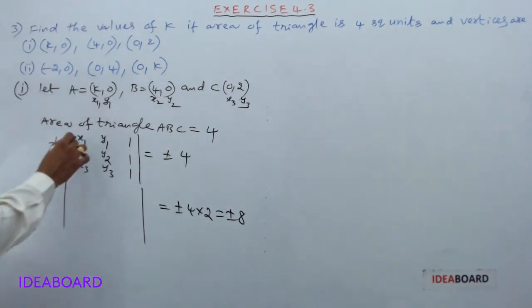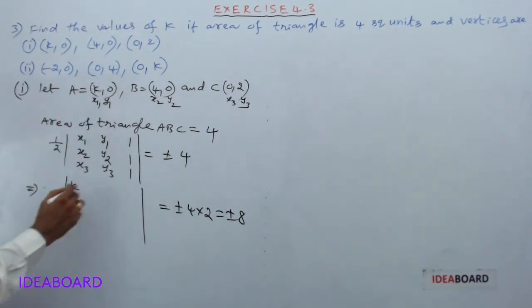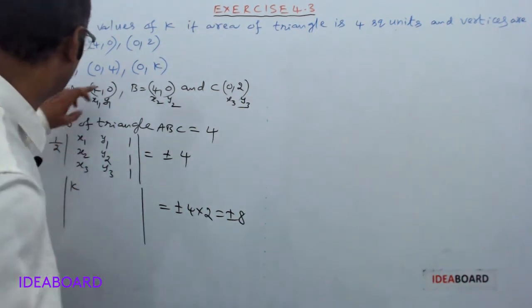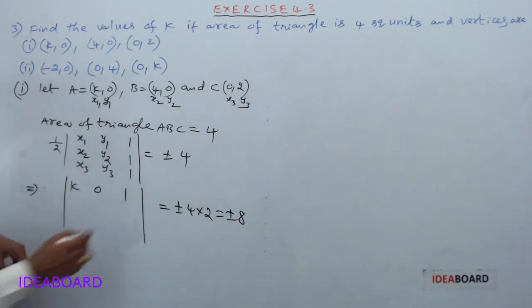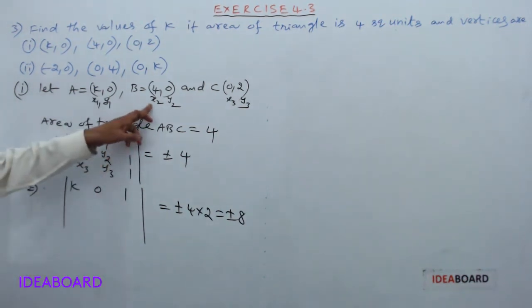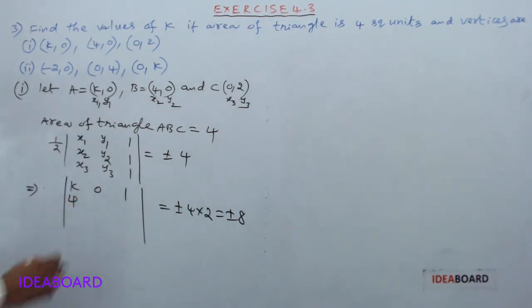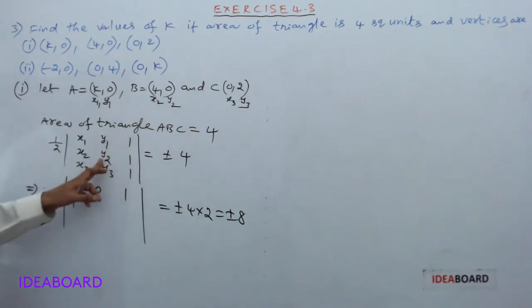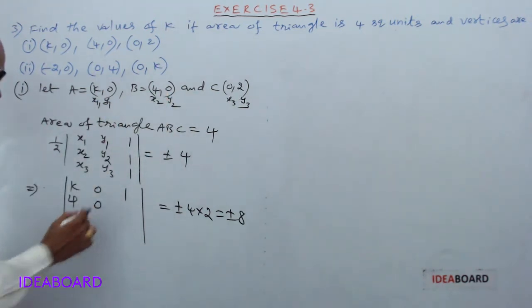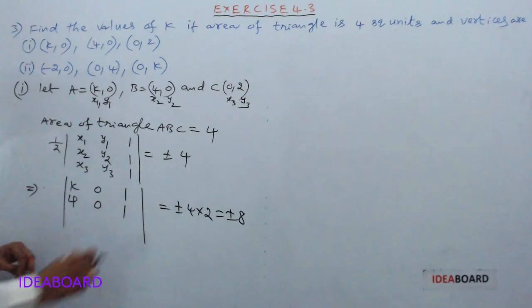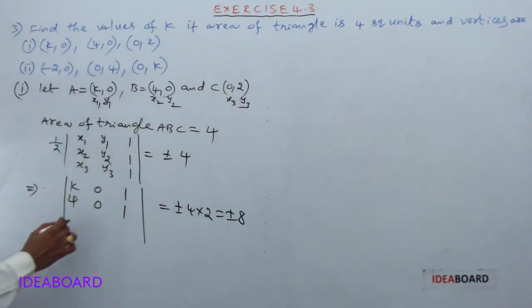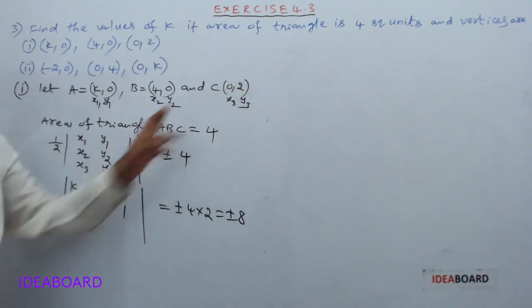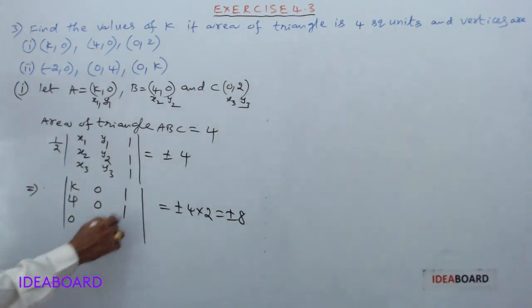Now here x1 is k, so the determinant is k 0 1, 4 0 1, 0 2 1.